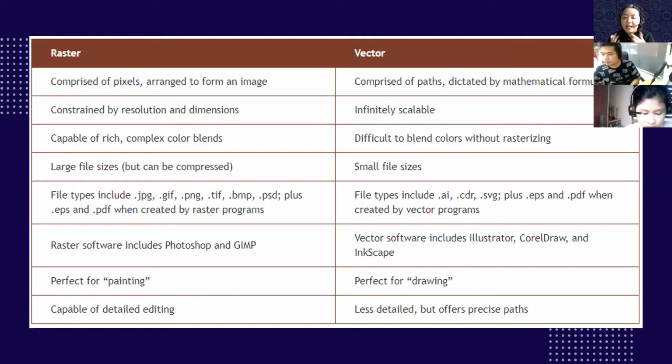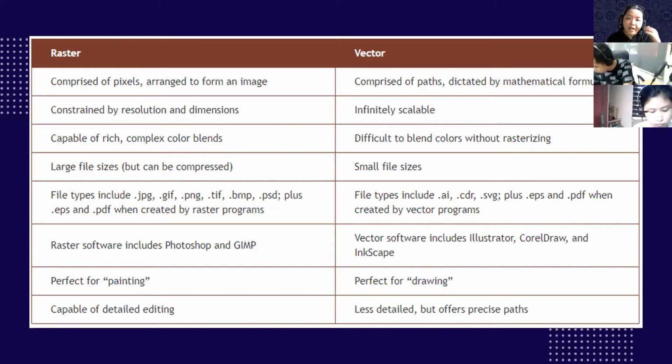Okay. Now, file types include AI.ai, CDR, which is actually CorelDRAW, SVG, Scalable Vector Graphics, EPS, and PDF. Okay. So, ang tricky part dito is yung EPS and PDF. So, basically, EPS stands for Encapsulated PostScript. If you have created an artwork in Photoshop and saved it as an EPS, basically it still saves raster information.